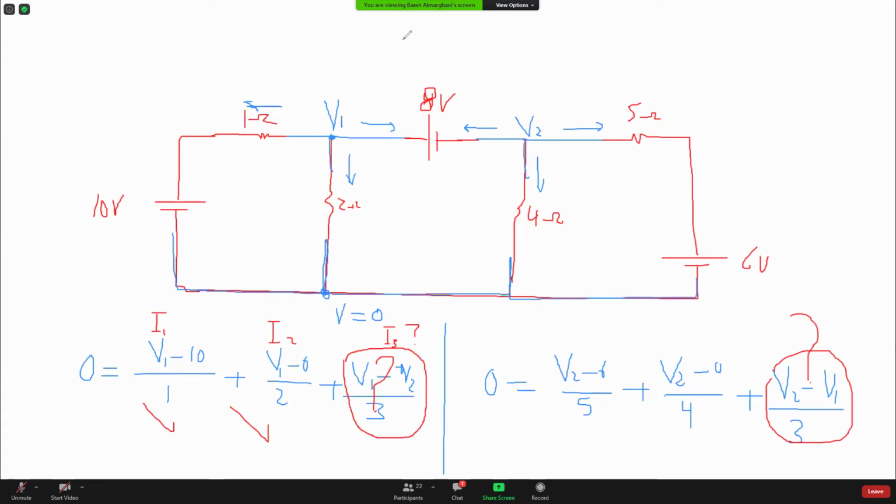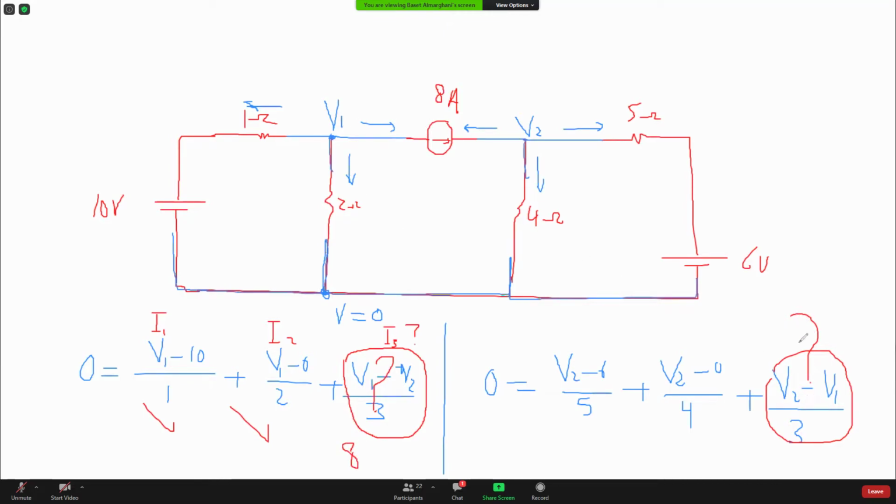Now if this was a current source, say 8 ampere, then it's really easy. This current will be 8 because it's leaving here, it's still leaving.